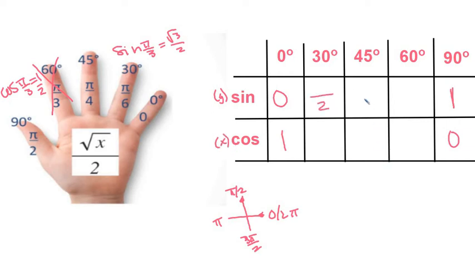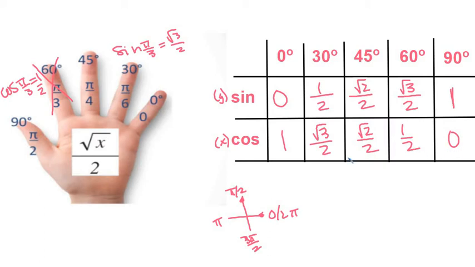Now we know the other values from our hand trick are all over the square root of 2. Now the trick to this little chart is sine starts at 0 and then counts up. So you have 0, square root of 1 is 1, square root of 2, square root of 3, and then positive 1. Cosine counts down. So it starts at 1, square root of 3, square root of 2, 1, and then 0.